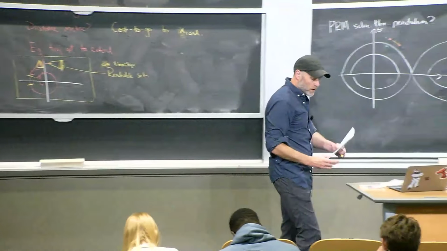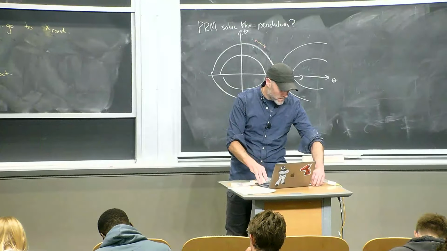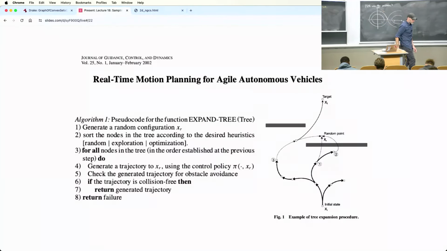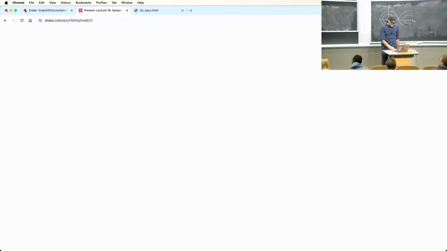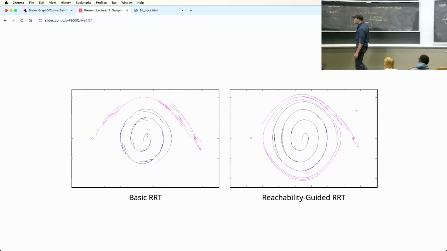So there have been other lines of work that have tried to do reachability-guided sampling-based planning. Here's an example of a reachability-guided RRT.